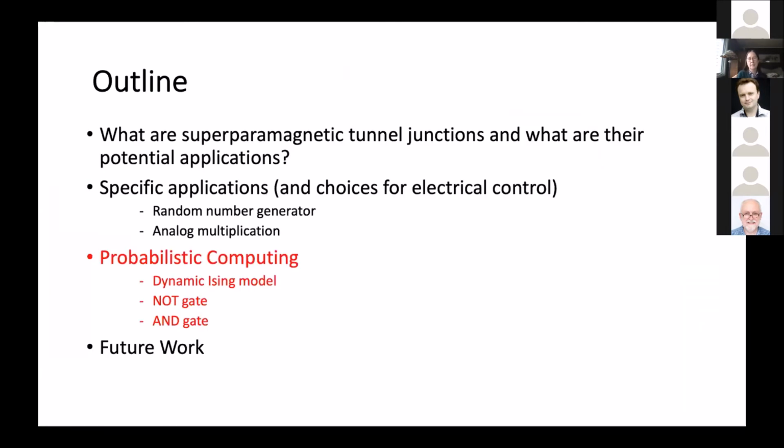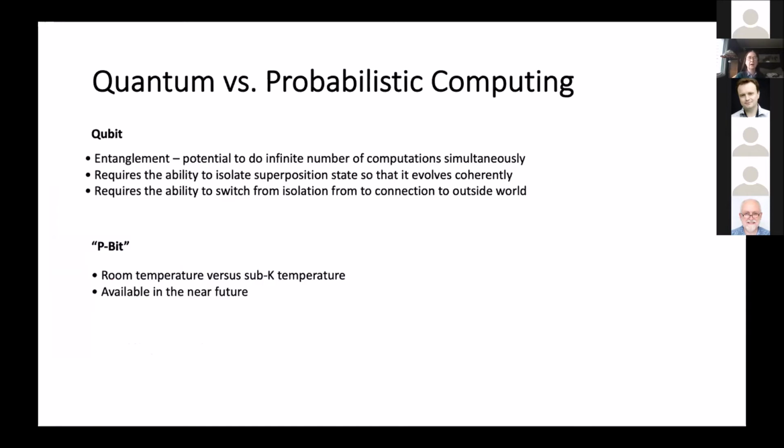So looking at probabilistic computing, let's consider the difference between probabilistic and quantum computing. With a qubit, you have quantum mechanical entanglement, and so this is very powerful. Lots of people are excited about this and trying to make it happen.